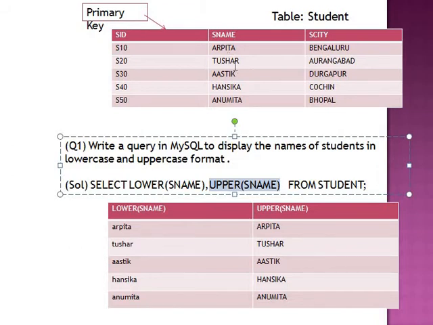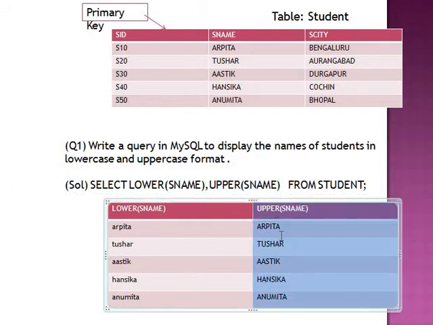Since its entries are already in capital letter format, if we try to convert them into capital letter format again, in the output we are going to see all the entries again in capital letter format.